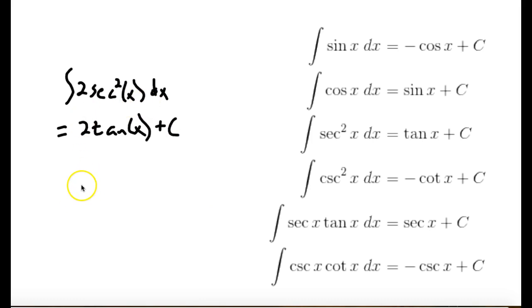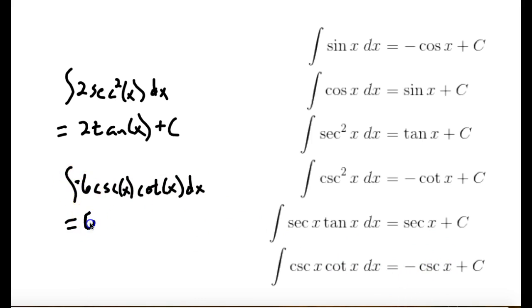All right, so another quick example: the antiderivative of negative 6 cosecant of x cotangent of x dx. Well, if the antiderivative of cosecant cotangent is negative cosecant, I will end up with a double negative.